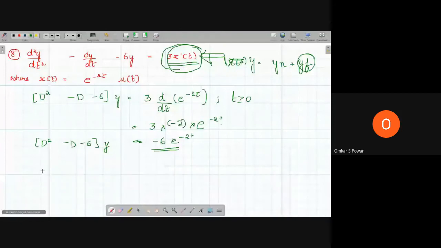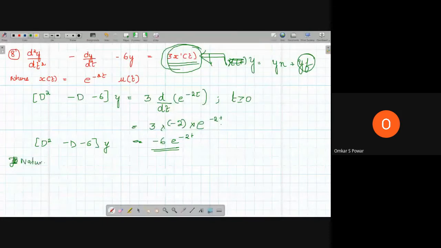First thing, let me solve the natural response. So how do we get the natural response? Replace d by lambda. Lambda square minus lambda minus 6 is equal to 0. So you see this d square minus d minus 6, there I have substituted lambda.